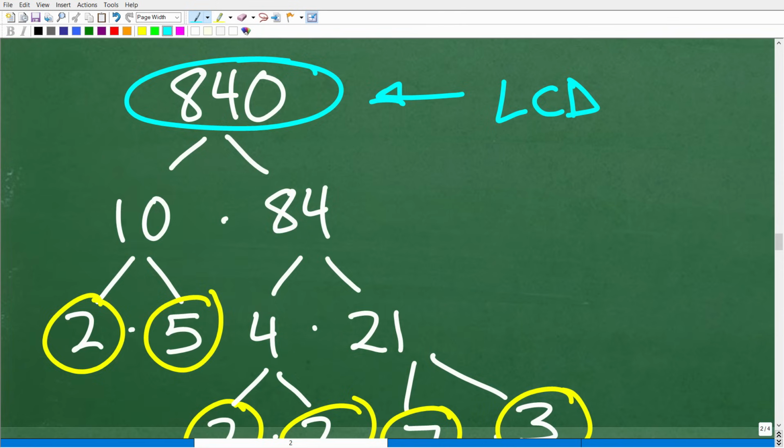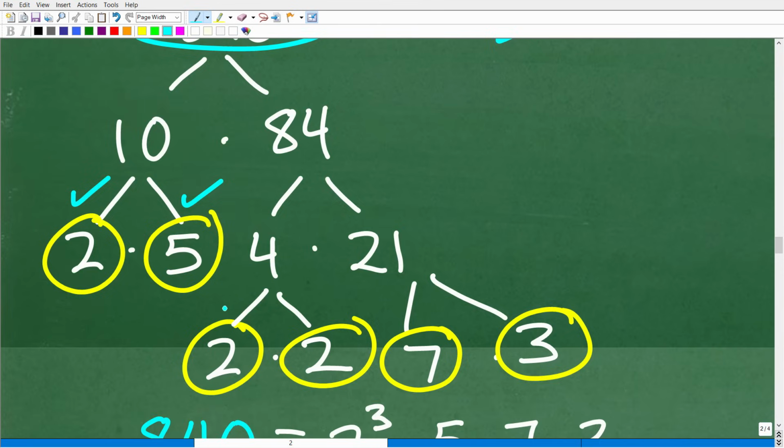Now I can start breaking these numbers down. 10 is 2 times 5, prime, prime. 84 is 4 times 21. 4 is 2 times 2, so I'm done there, and 21 is 7 times 3.